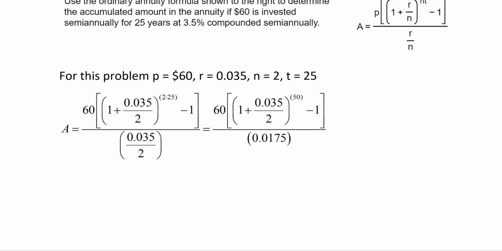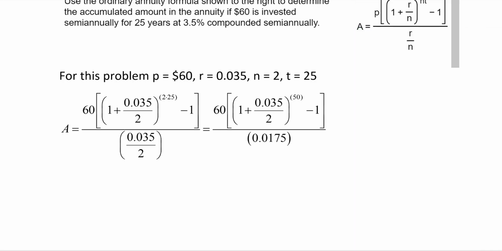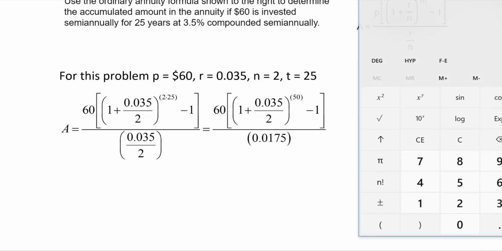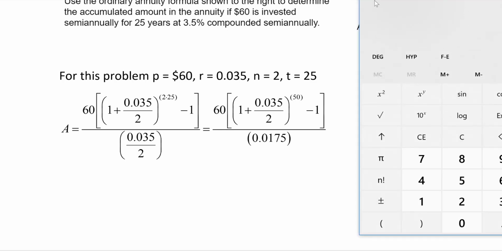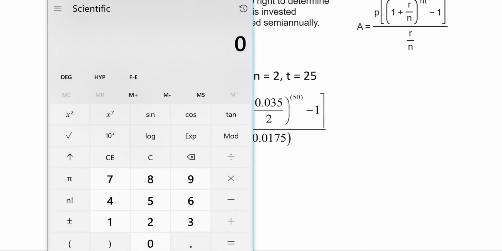We're going to start within the parentheses, with the 0.035, on my calculator over here. We're going to take the 0.035 and divide by 2. Add 1.